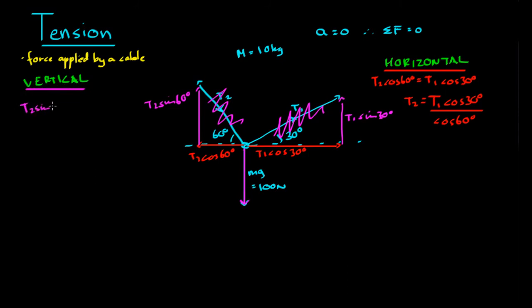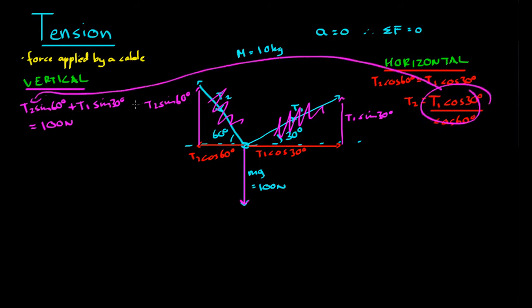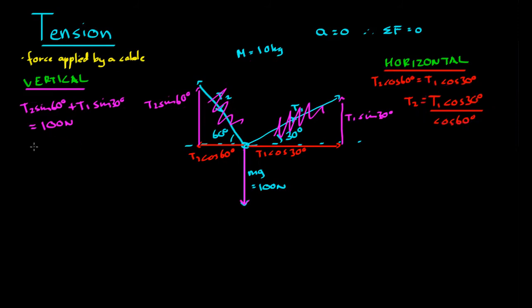T2 sine 60 degrees, that's this vertical force here, plus T1 sine 30 degrees is equal to 100 newtons. If we sub in this value for T2, so we take this and put it over here, we can eliminate T2 from this equation.